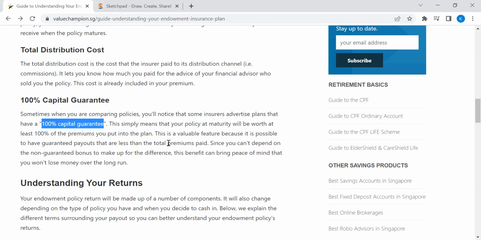So if you invest a total amount of, let's say, $50,000, and when the policy matures the guaranteed portion is at least $50,000, then we can confidently say that it's capital guaranteed. Otherwise, it's not capital guaranteed.